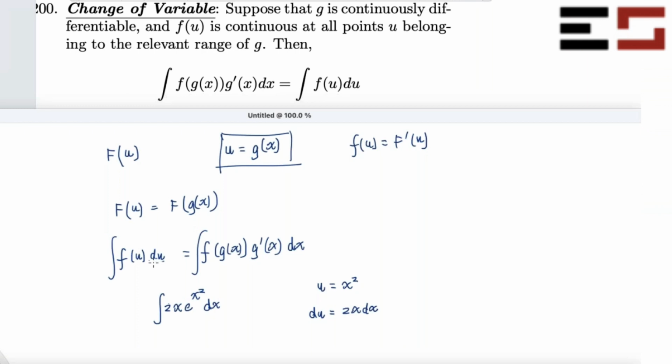Basically that's exactly what we have done here. Now all that you're going to do is take this 2x dx and replace it by du. So this term is gone. The only term that is left is e to the power x squared, and because u is x squared, that can be written as e to the power u. So basically, this is exactly what we have done.